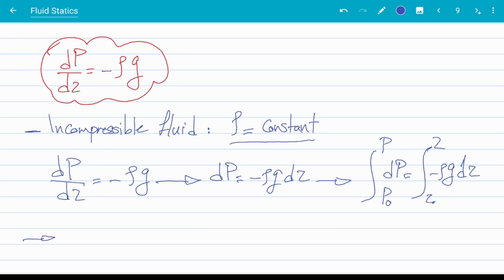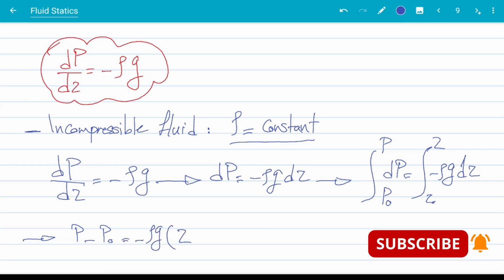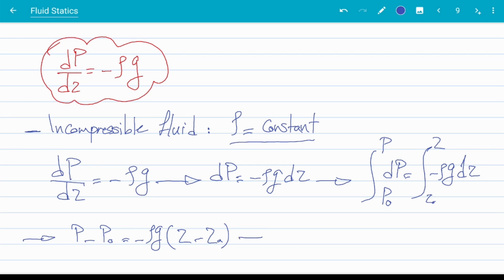That gives me p minus p0 is equal to negative rho g (z minus z0). Now I can play with the negative sign here and say p minus p0, which I'm going to call delta p, is equal to rho g (z0 minus z).